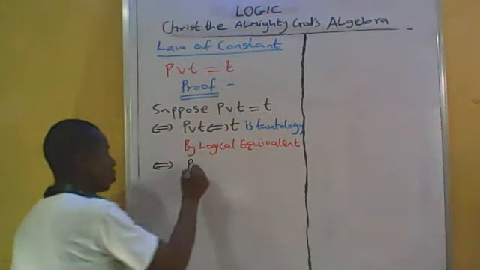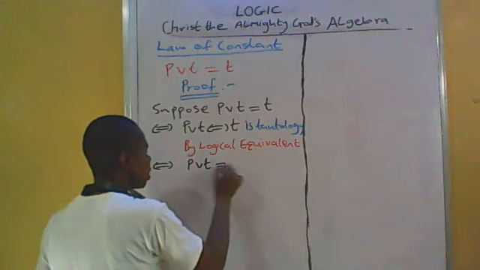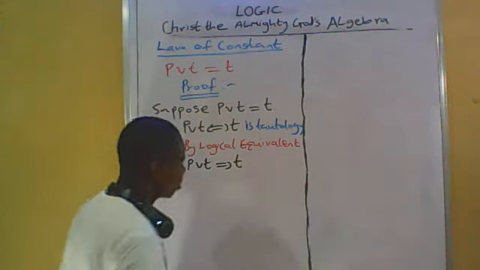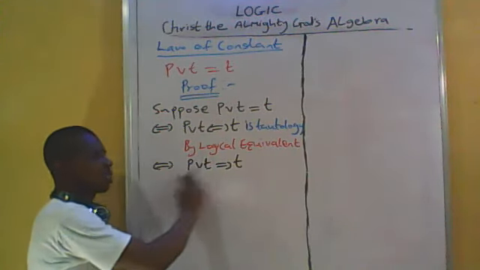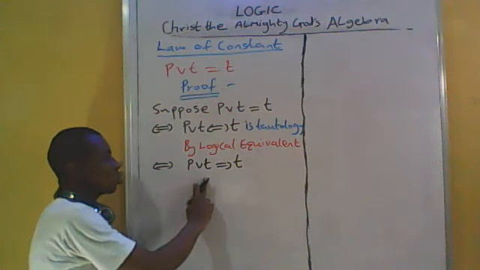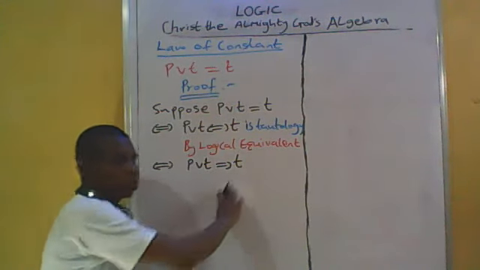That means P or T implies T. You find out that whenever the antecedent is true, the consequent must also be true.